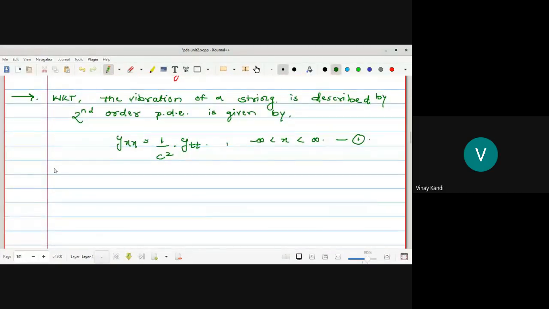Now look at it, where y is a function of x and t. Your independent variables are x and t.